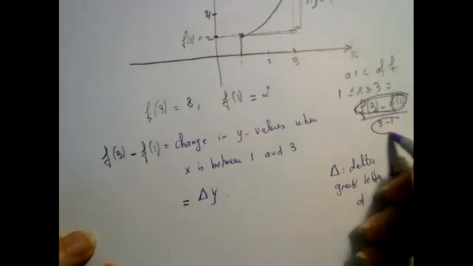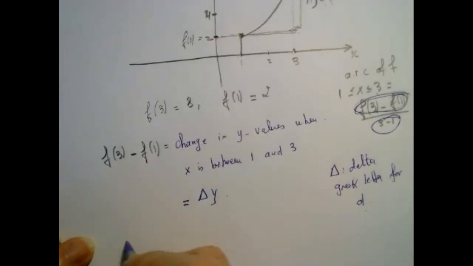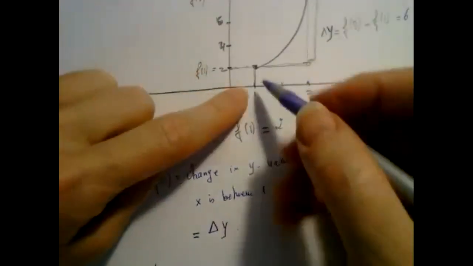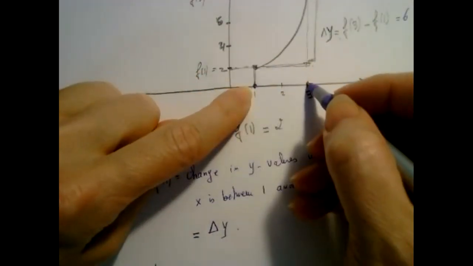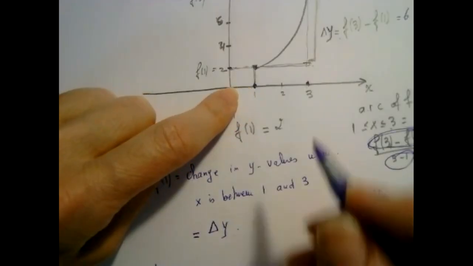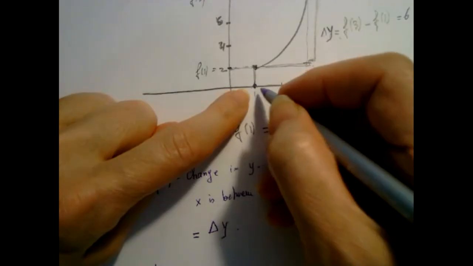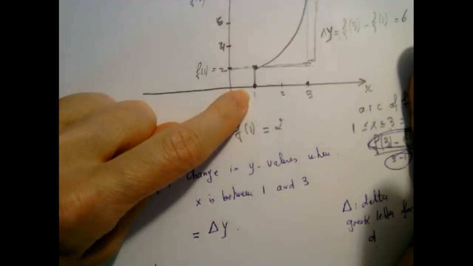Now, what is the 3 minus 1 in my picture? I go back here. For x between 1 and 3, the 3 minus 1 is how much your x changed. So imagine yourself moving along this line.